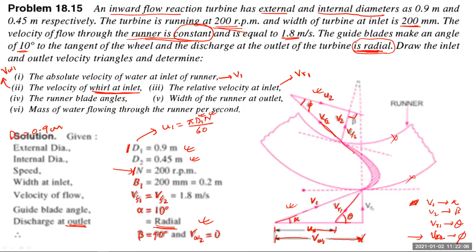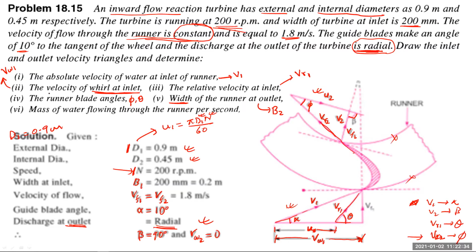Now, the runner blade angles means your theta and phi values. This is your blade angles. Width of runner at outlet: when this width term is coming, it means that your B is there, and outlet means here you have to write 2.